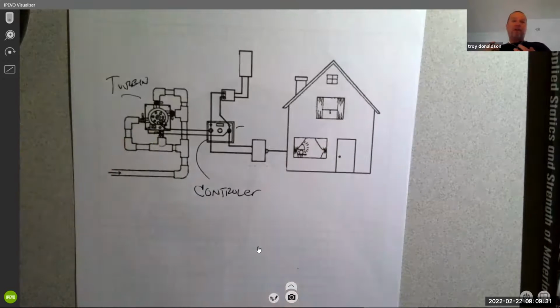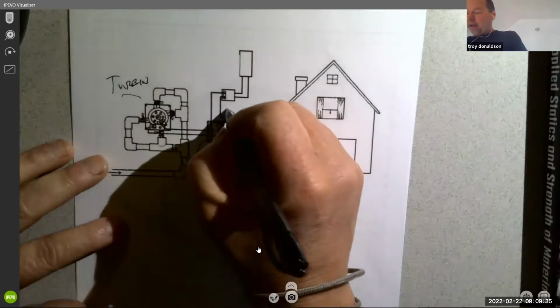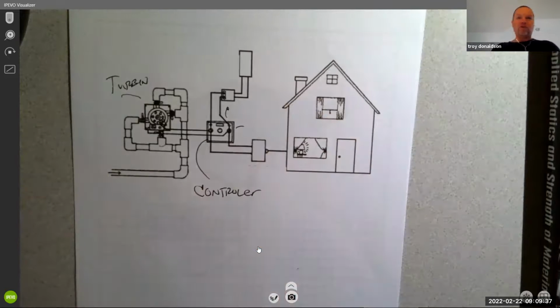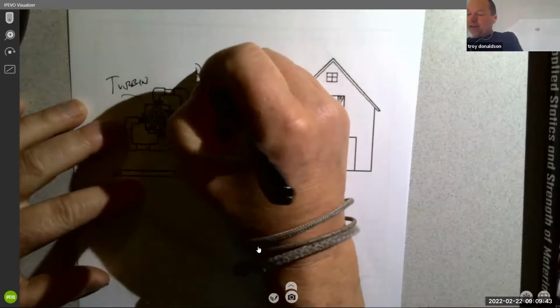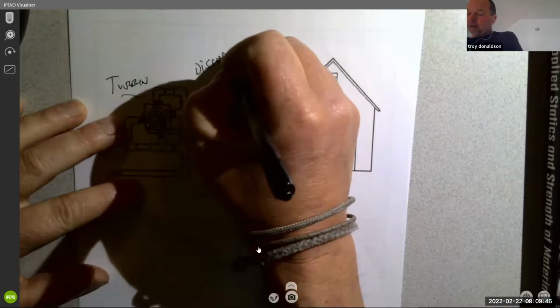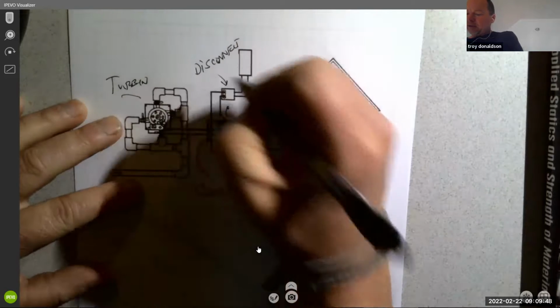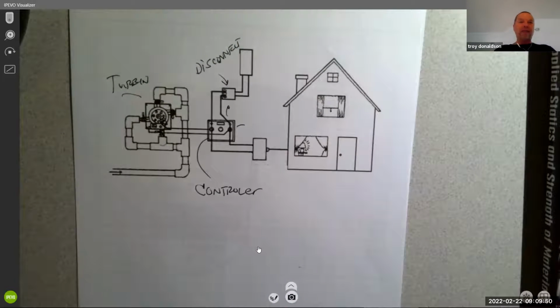So that energy's got to be dealt with. It needs to be sent to the battery, some kind of a storage system, if there is a storage system. And that usually has some kind of disconnect. Right, and that's so you can work on that system.